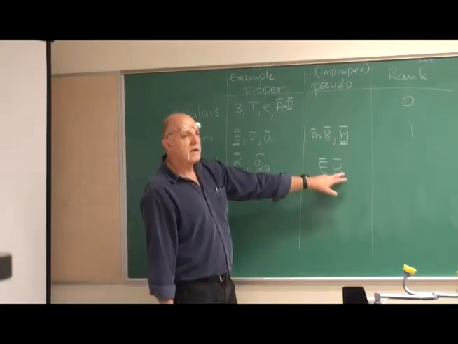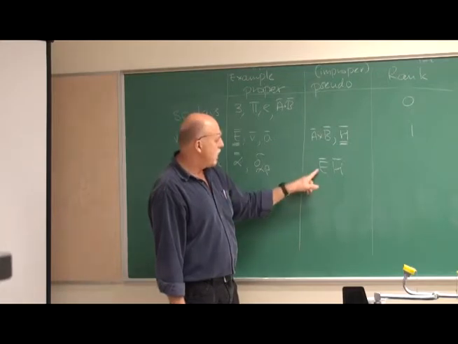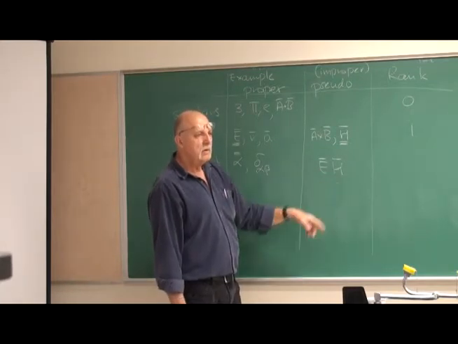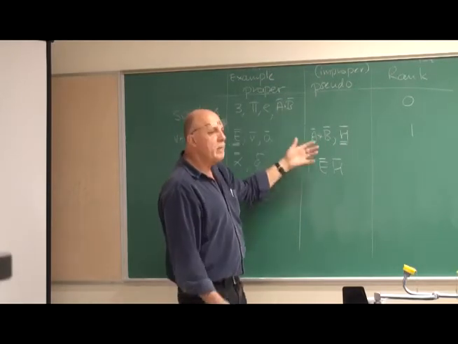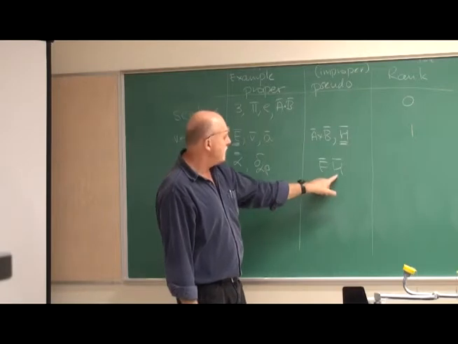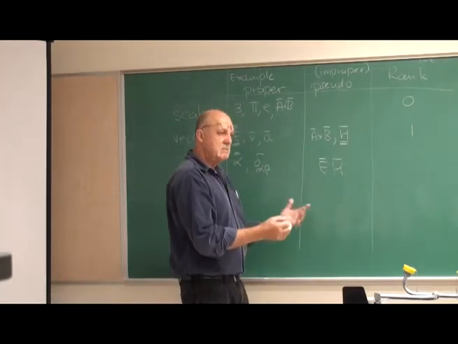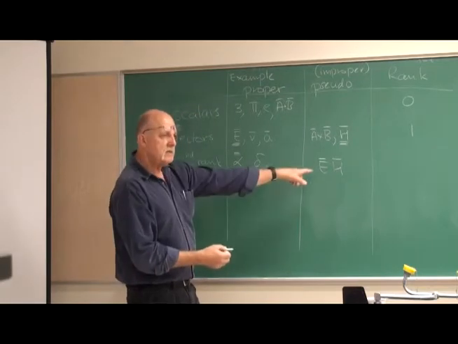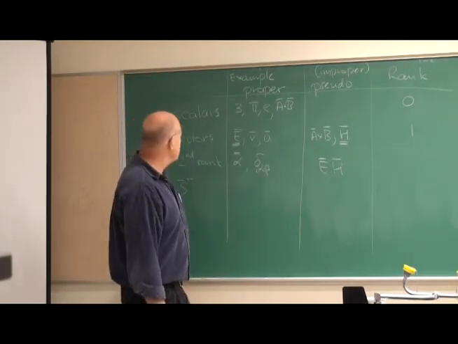But this thing is a second rank tensor, it's made up from two vectors. This is proper, this is pseudo. So, second rank tensor, I ask myself, does it behave properly? I invert the coordinate system, this thing changes sign, this one doesn't, so this guy will change sign. That means it's pseudo. So we can make second rank pseudo tensors this way.